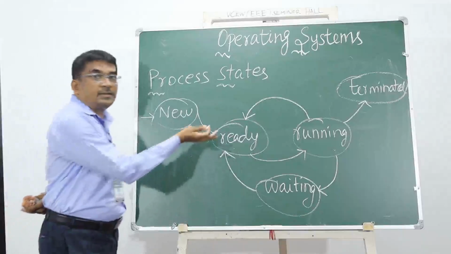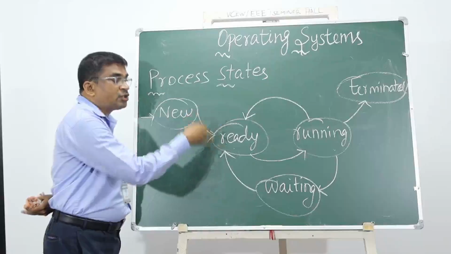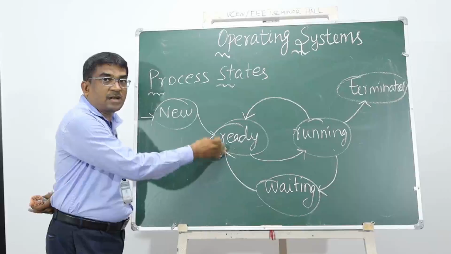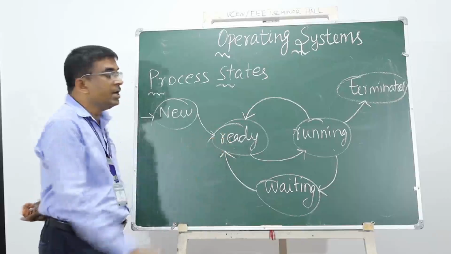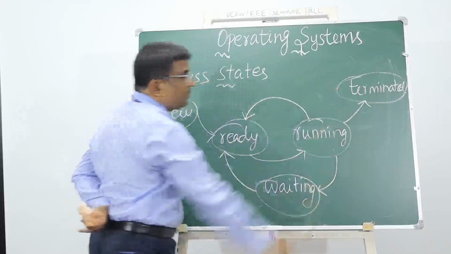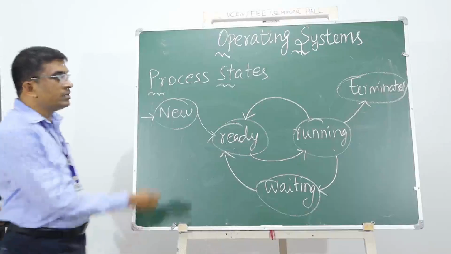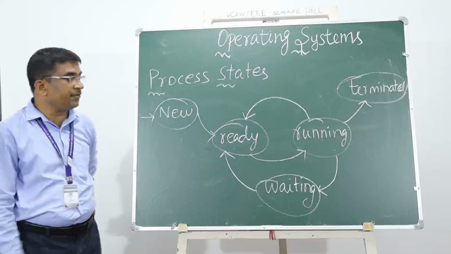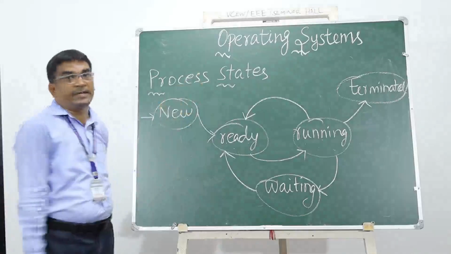Consider all the processes which are returned back to the ready state. These processes are treated as new processes only. So the new process again goes to the running state and terminated state. This is how the process states execute their task from the new state to the terminated state.